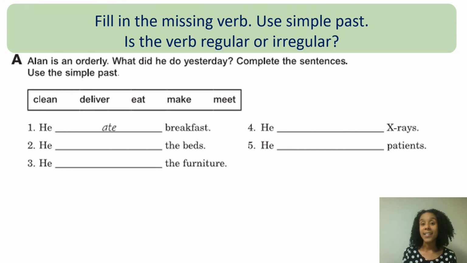Right. Ate is an irregular verb. It doesn't end in ed. So I want you to pause the video and look at numbers 2, 3, 4, and 5 and figure out the best word to fill those sentences. Then we'll finish together.